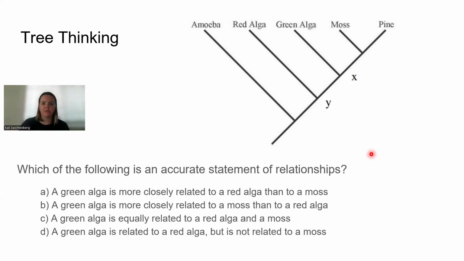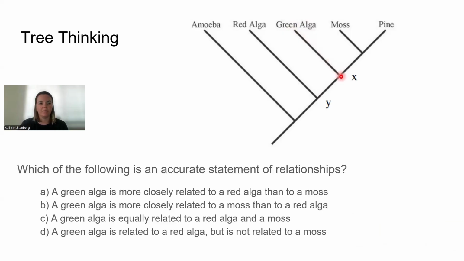So let's break down each one of these statements. Green alga is more closely related to red alga than it is to moss. Let's follow our branches to our nodes, to our last common ancestor. If we follow the green alga down, here is that node.